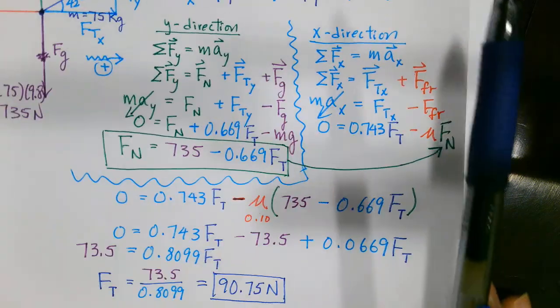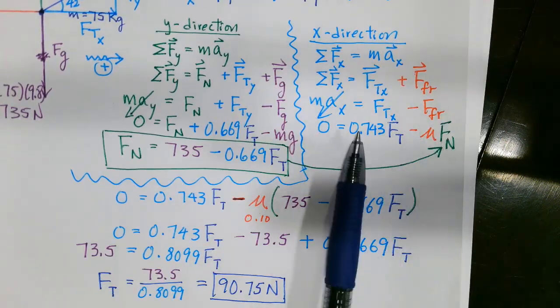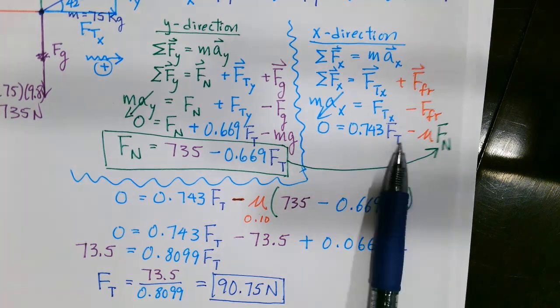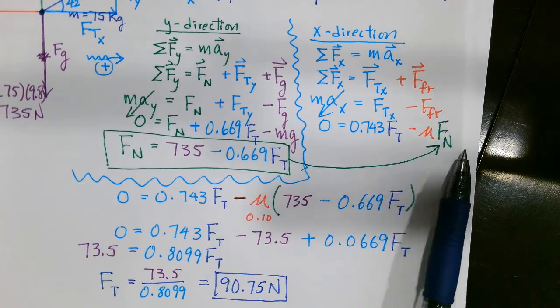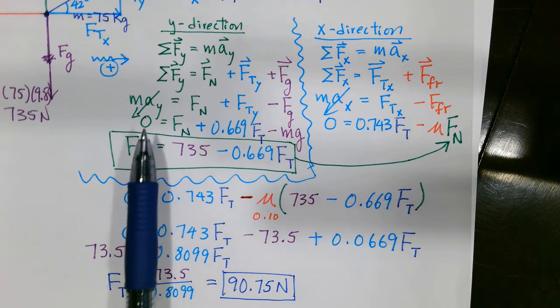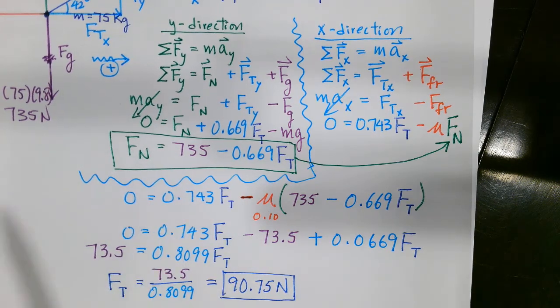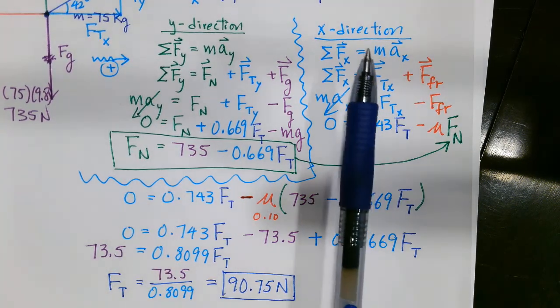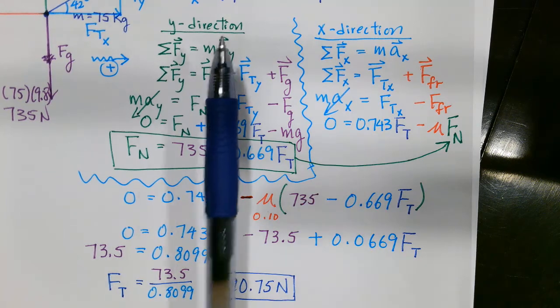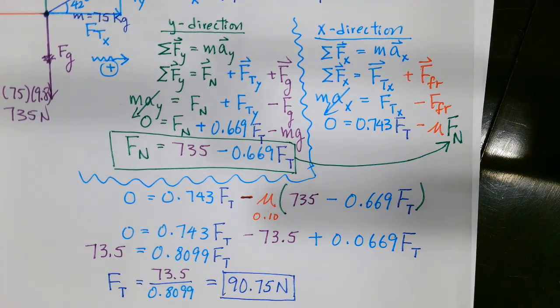It wouldn't matter, because you would still have ended up with two unknowns anyway, and you'd realize that you have to use the y direction to figure out the F normal. So whether you start with the x direction or the y direction shouldn't matter.